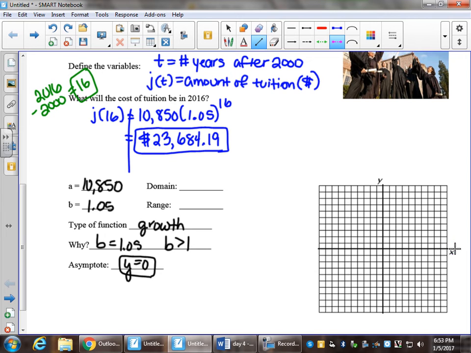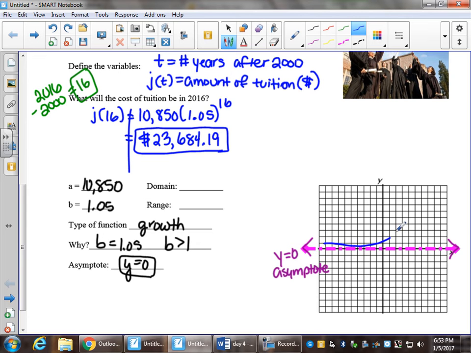We will draw our asymptote first on the y-axis. And then if I look, this is growth, so left to right, it is going to increase. My domain will be negative infinity to positive infinity. My range is 0 to infinity.